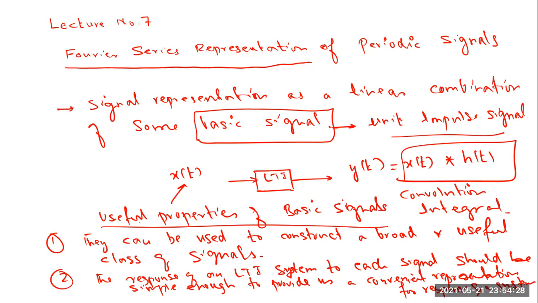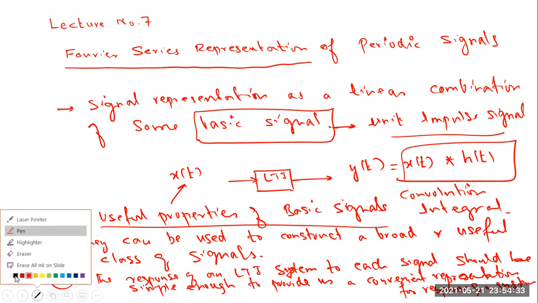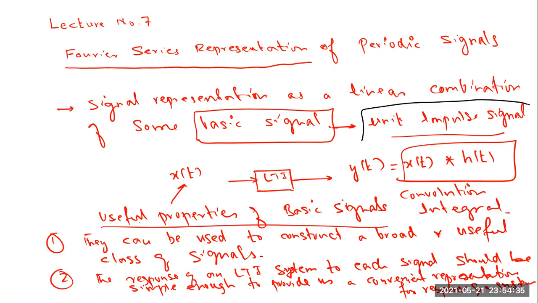And this is what we observed for this type of basic signal, which we have already used in the previous chapter. So now if I want to select some other basic signal, it should have these two properties. So we will talk about these two properties in this lecture.